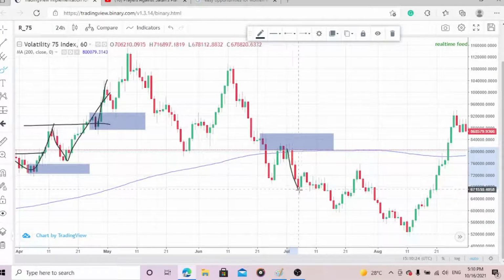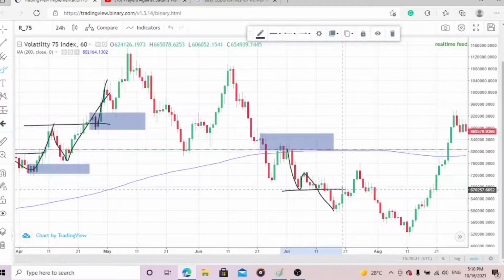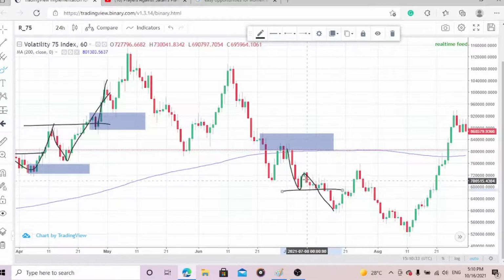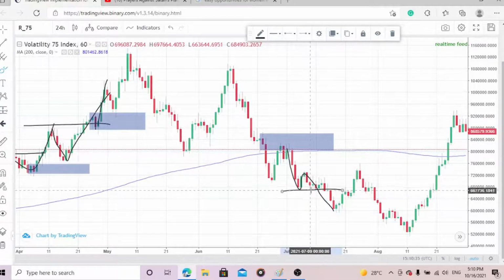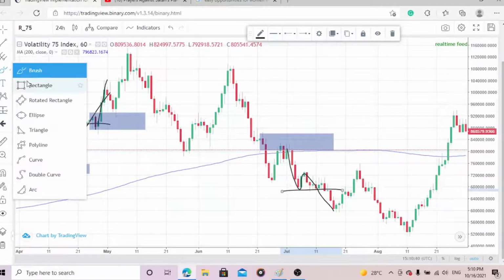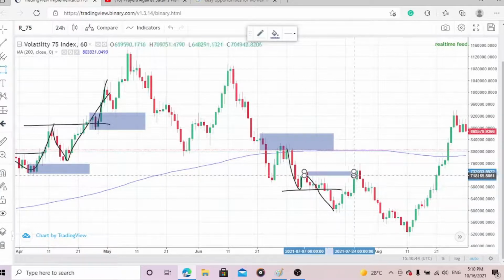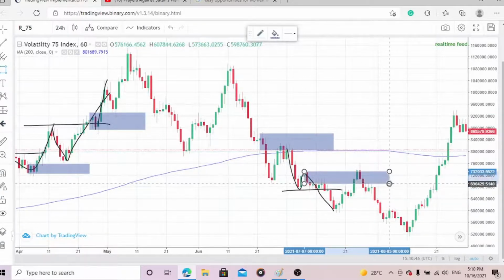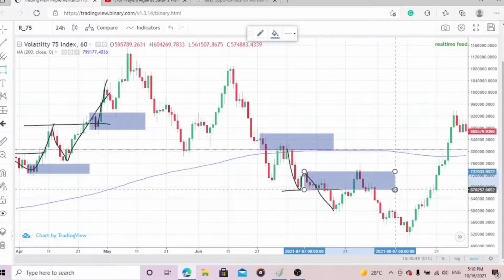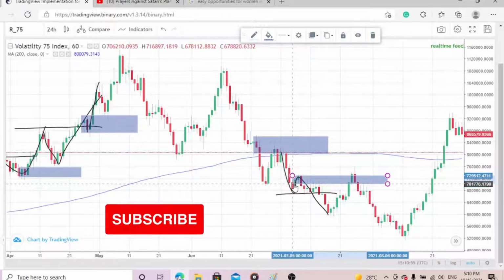So the market went down, pushed, and broke structure. The structure was broken here, right? The market pushed from here and broke structure. So let's highlight our order block, just the smaller candle here.